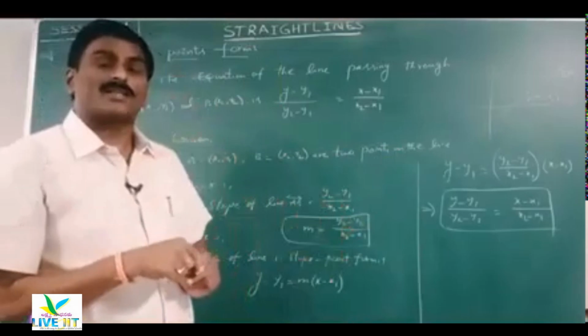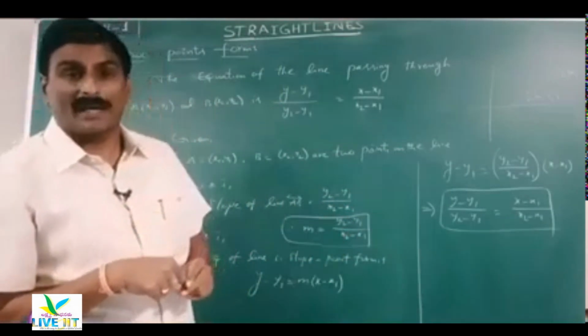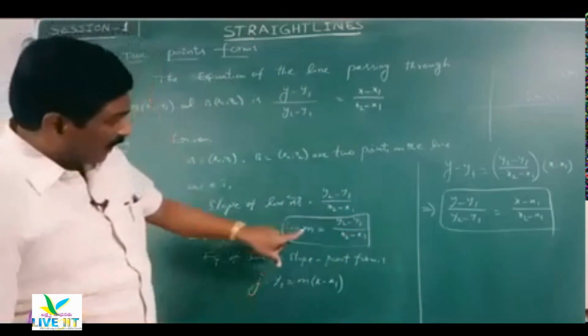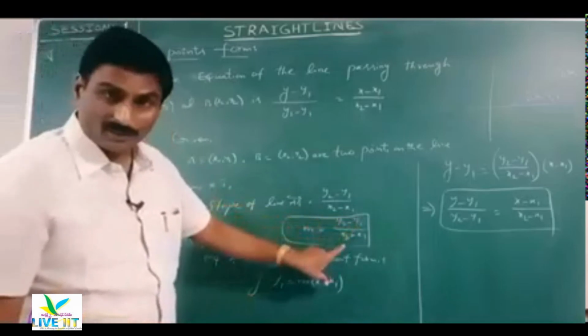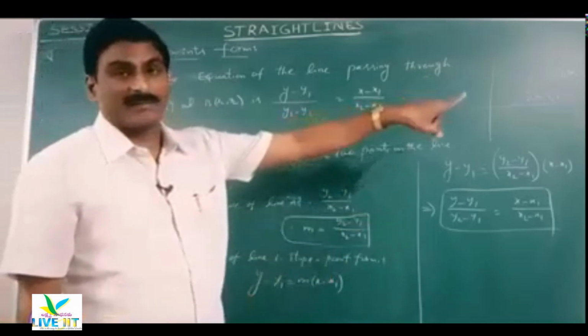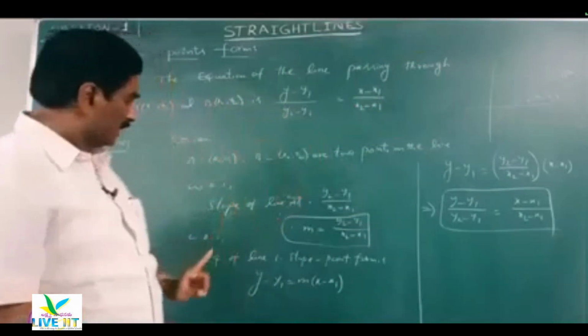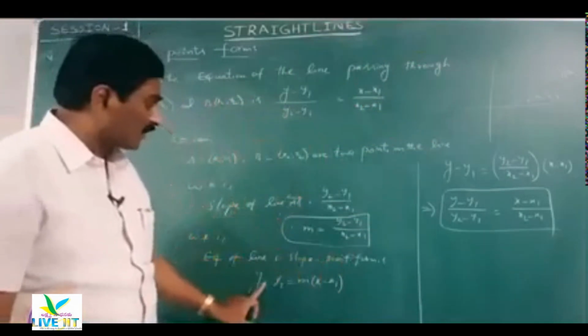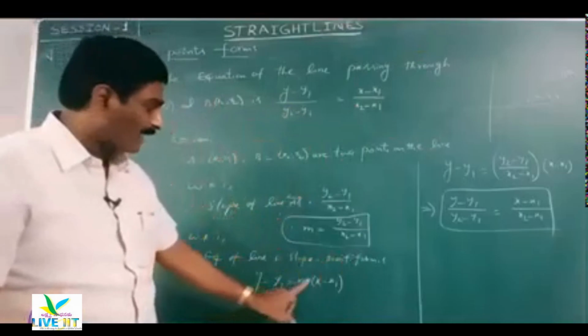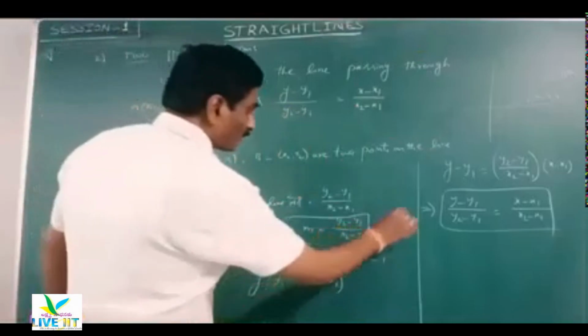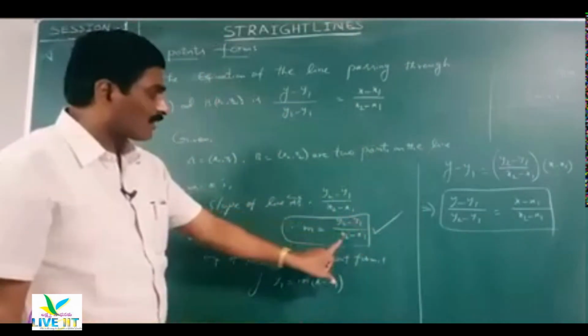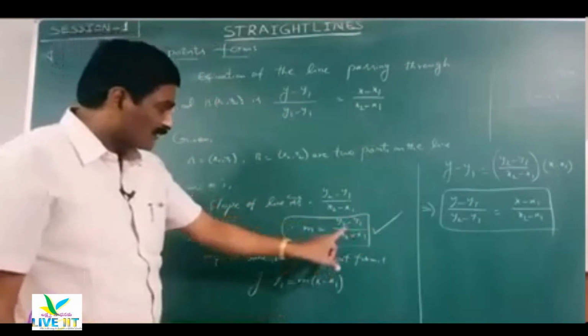If the slope and a point are given, what is the equation of the line? y minus y1 is equal to m into x minus x1. Here the slope we have already found: y2 minus y1 by x2 minus x1. Two points are given, so we take any one of the points. The equation in slope-point form is y minus y1 is equal to m into x minus x1, where m is equal to y2 minus y1 by x2 minus x1.